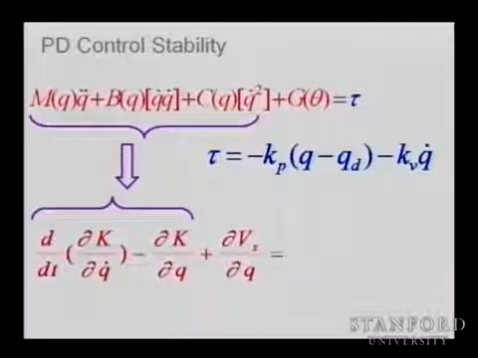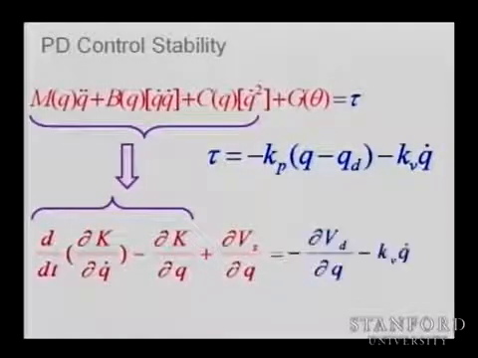In this form, we can analyze the impact of those controls we are applying to the system, and immediately we will see their effect. So when we apply the torque equal minus Kp, Q minus Q desired, essentially we are putting a first term, this proportional term, which is a gradient, right?